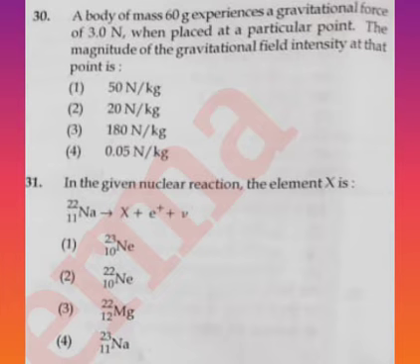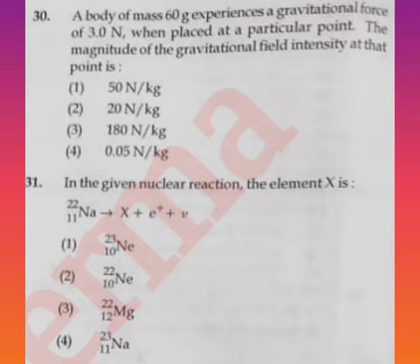Option 2, neon with atomic number 10 and atomic mass 22. Option number 3, magnesium, atomic number 12 and atomic mass 22. Option number 4, sodium with atomic number 11 and atomic mass 23. The correct answer of this question is option 2, neon with atomic number 10 and atomic mass 22.